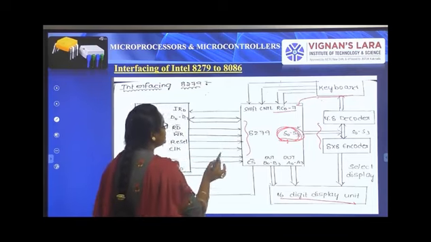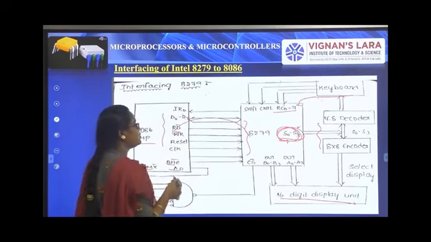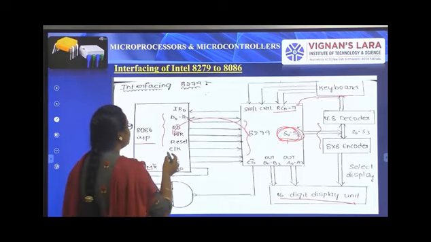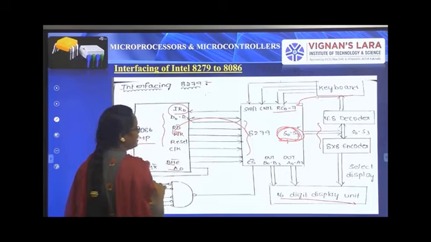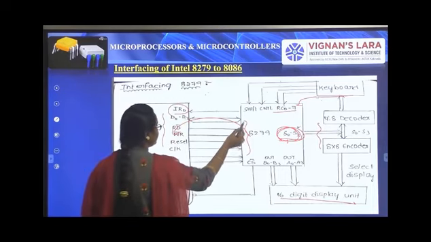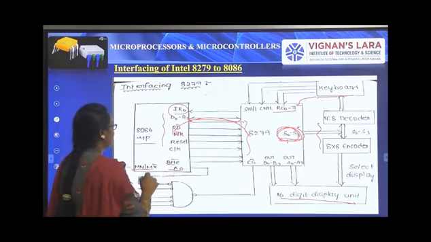The 8279 simply tells the 8086 microprocessor that input has been given on the keyboard, by using the IRQ command. Then the data is transferred from the 8279 over D0 to D7 by using the data bus.